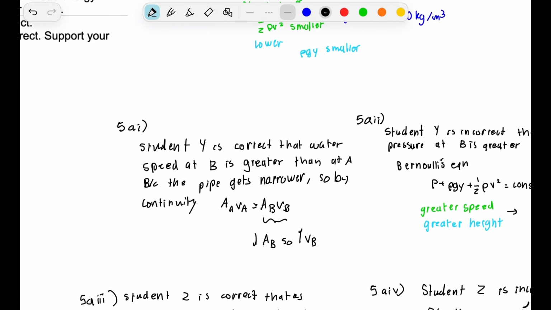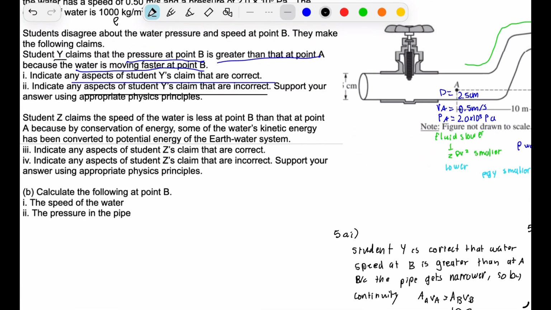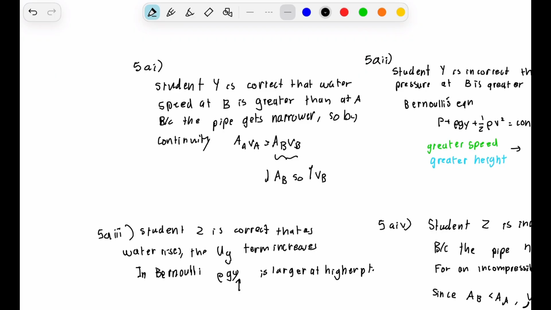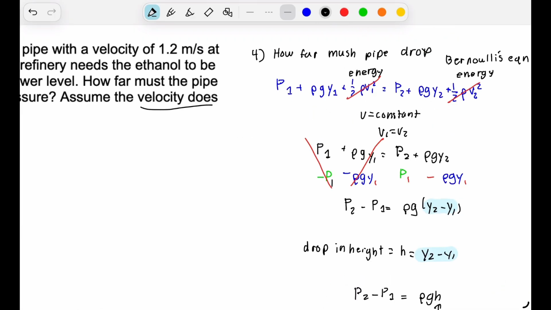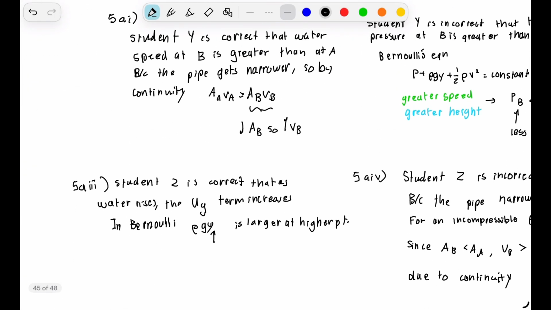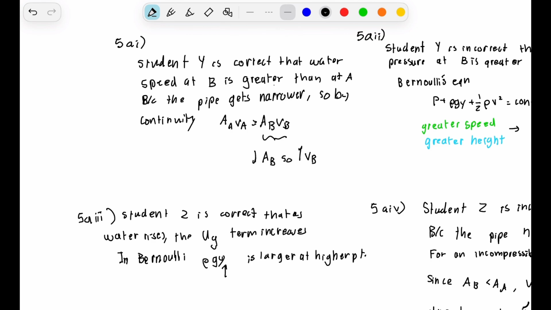So let's look at what is first correct. Student Y is going to be correct that the water speed at B is greater than at A. And that's because we have the continuity equation A_A v_A equals A_B v_B.